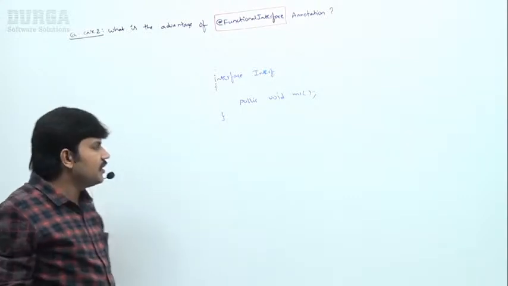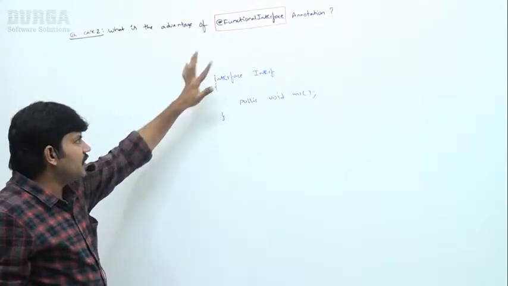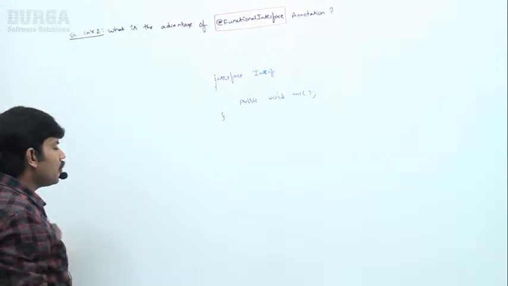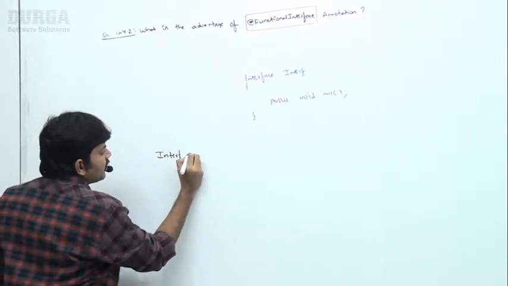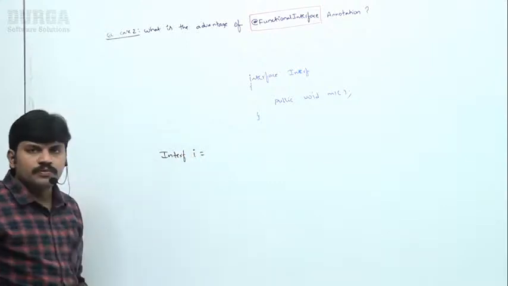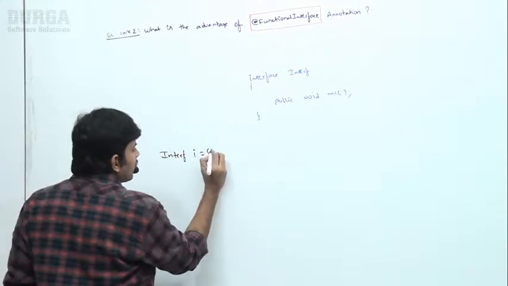Now my question is, once it is a functional interface, we can use this interface: Interrupt I is equal to a lambda expression.